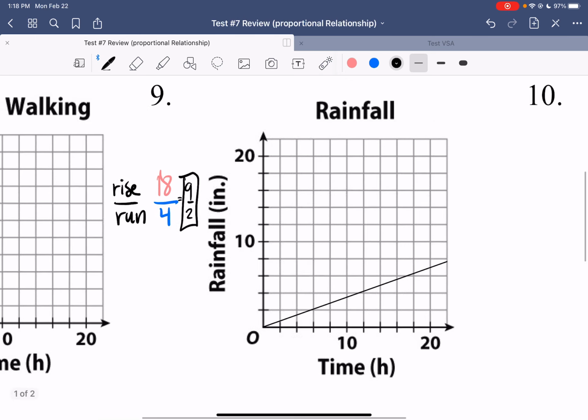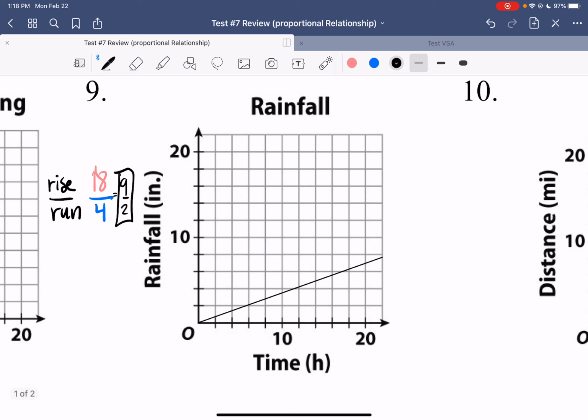Okay. Number 9, this one is a little bit off, so I'm going to show you where my pretty points are. There's always one at the origin with proportional graphs. We're looking for the rise over run. The rise is going to be 1, but we need to make sure to pay attention to our interval because we have 2, 4, 6, 8, 10.